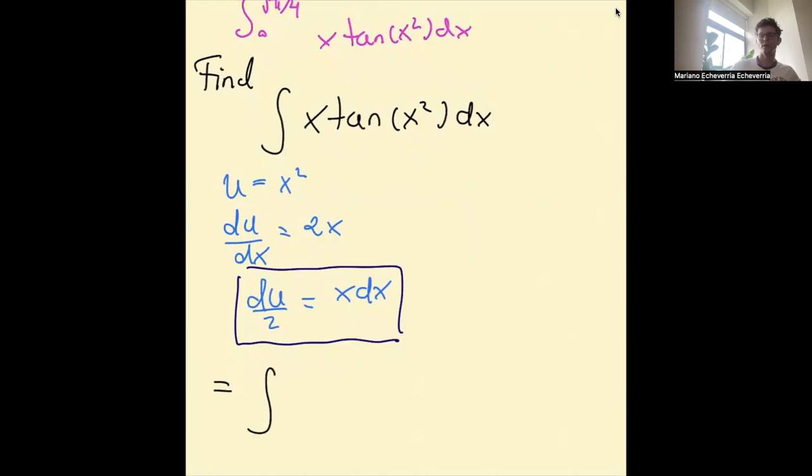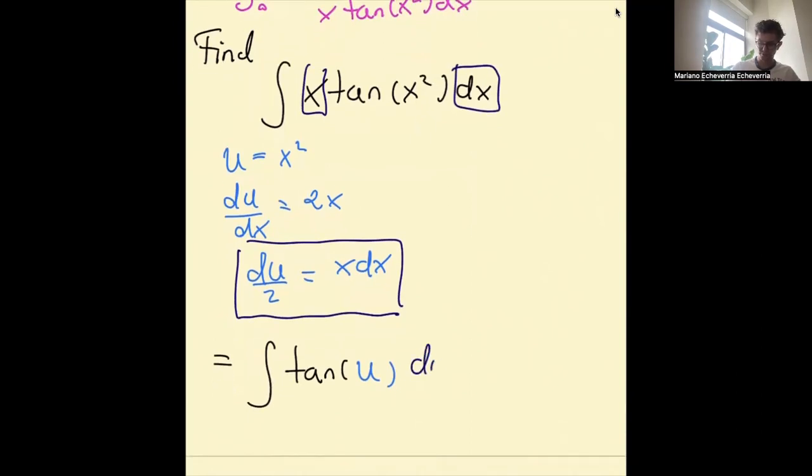And so tangent of x squared becomes tangent of u, and x dx becomes du over 2. Is that making sense so far?